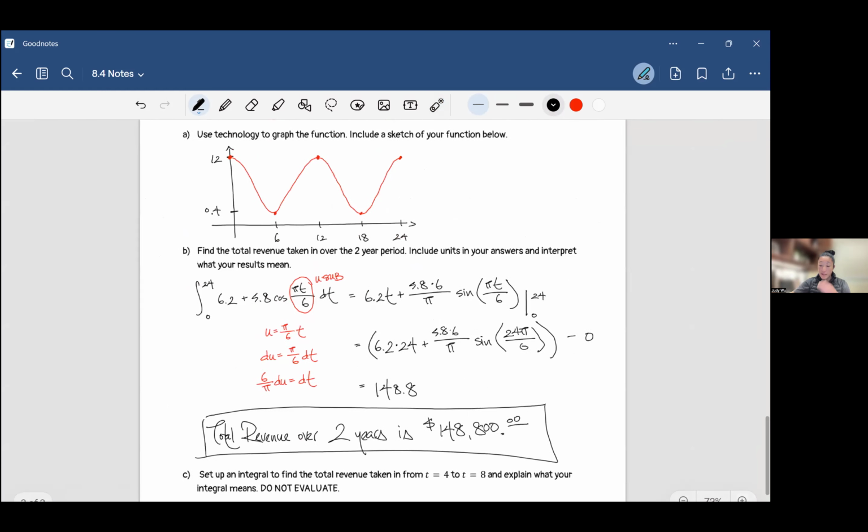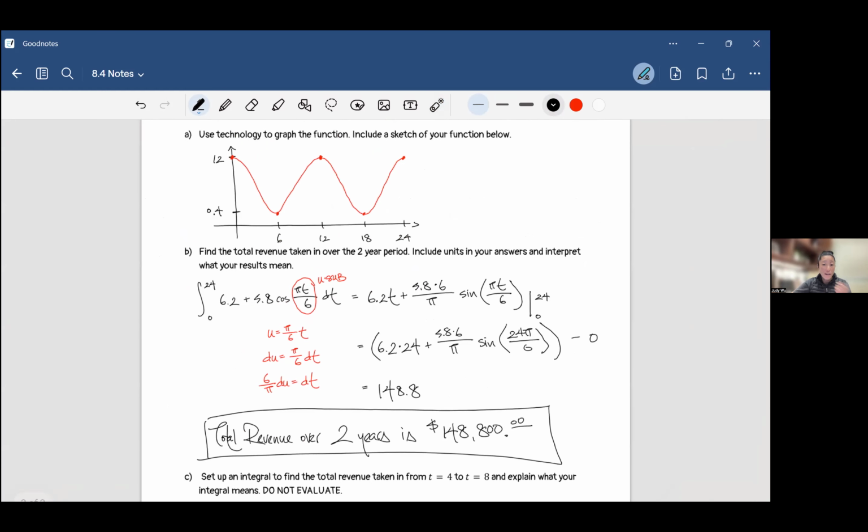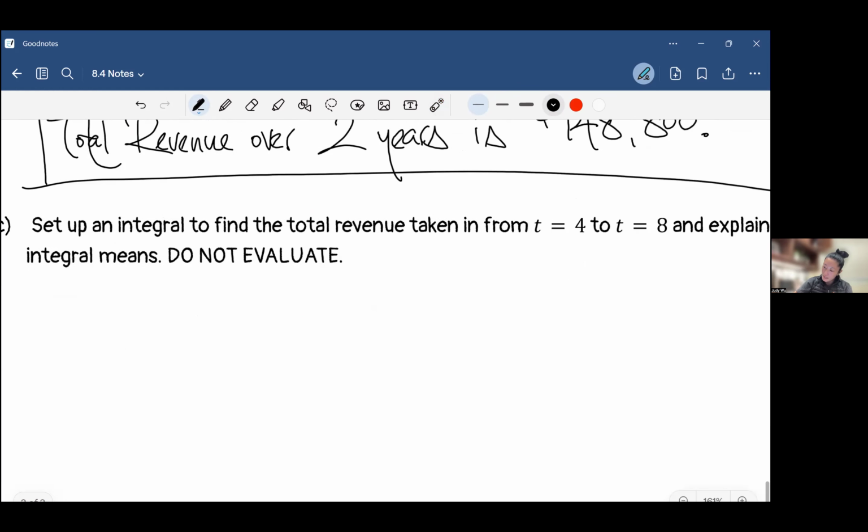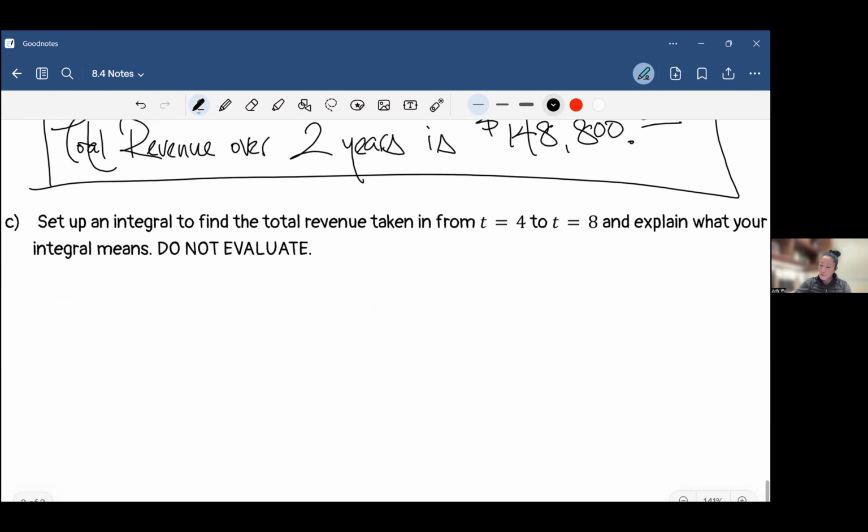All right, so we got our graph, we found our total revenue, and then let's take a look at part C. Looks like we're just going to have to set something up, but we're not going to have to evaluate. Part C says, set up an integral to find the total revenue taken in from t equals 4 to t equals 8 and explain what your integral means.